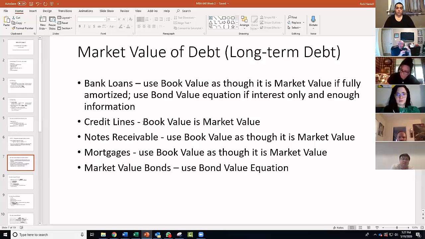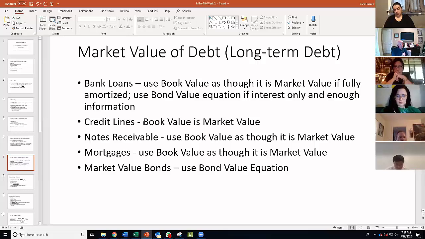So the rate that the interest is paid on, or the coupon rate, and the current rate in the market today are always the same number for a credit line. And because those are always the same number, there's no friction between the two. They can't be different, which means that the book value of a credit line and the market value of a credit line are the same number.